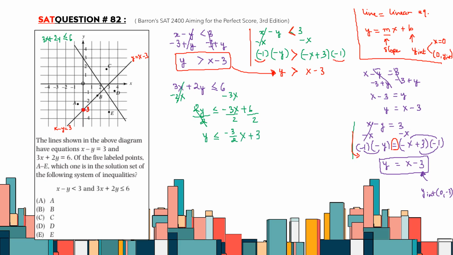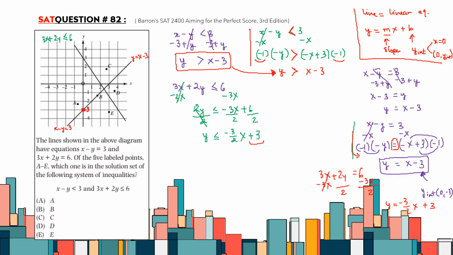So we also see this is the y-intercept. If we solve for 3x plus 2y equals 6, we will have the same thing, right? Subtract 3x from both sides, then we divide both sides by 2. Then we will have y equals minus 3 over 2 x plus 3.